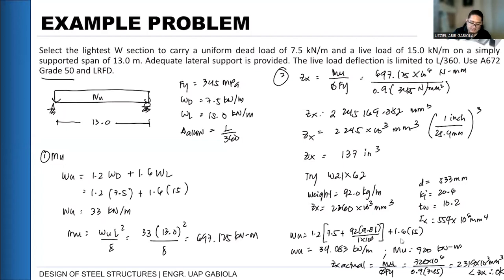Ibig sabihin, kaya nung section natin yung load natin na 720. So sabihin, si W21 by 62 is adequate for flexure.